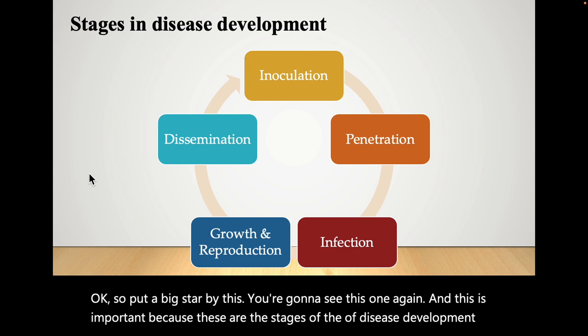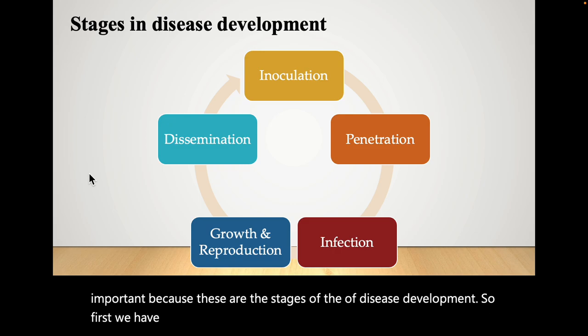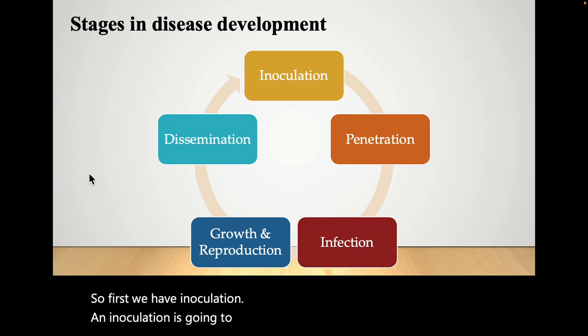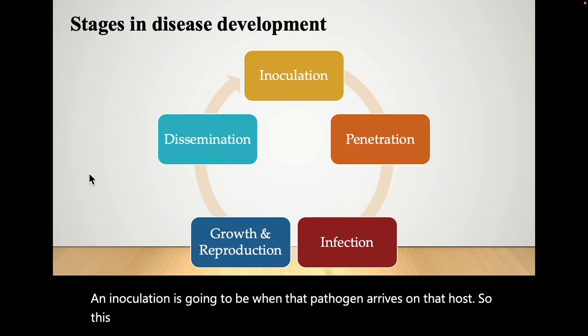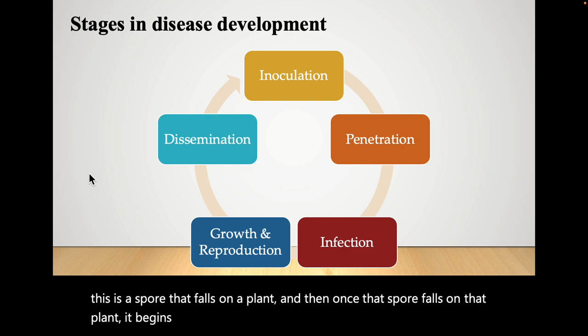So first we have inoculation. And inoculation is going to be when that pathogen arrives on that host. So this is a spore that falls on a plant, and then once that spore falls on that plant, it begins to attack it.